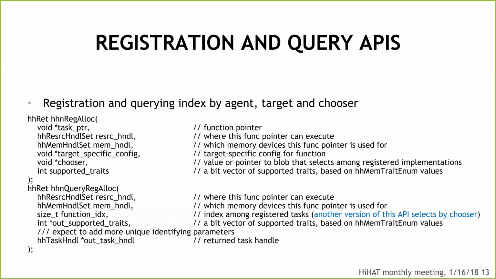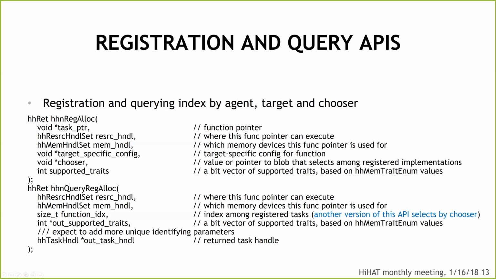Once the scheduler knows that, the code that's either in the Hi-Hat client or the user code above can query, tell me what support you actually have, and then I'll stick within the confines of what's supported. If I try to ask for something that's not supported, I can do some basic error checking for that.